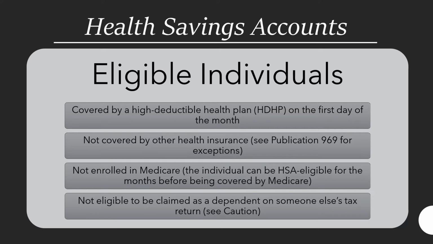There's a little additional information in Publication 969 on some exceptions to that. They would not be enrolled in Medicare. The individual can be HSA eligible for the months being covered by Medicare. And they cannot be eligible to be claimed as a dependent on someone else's tax return.